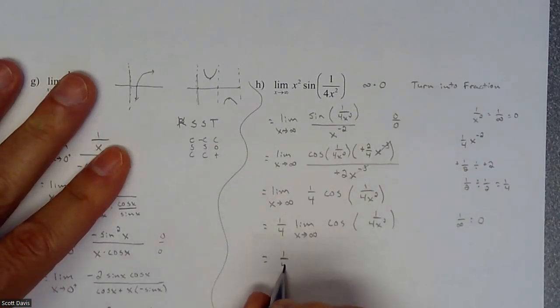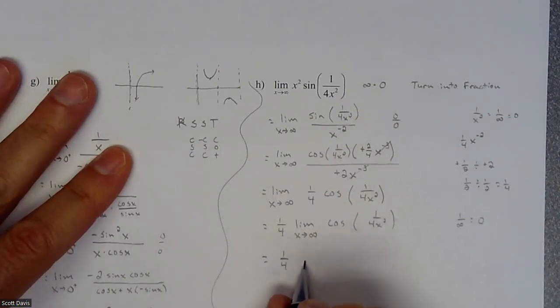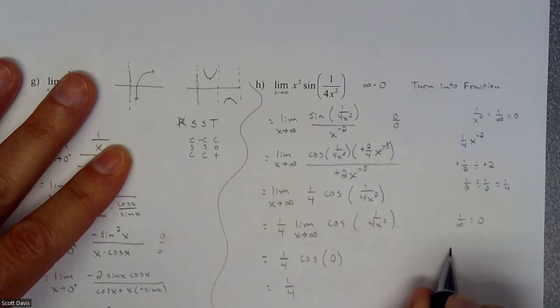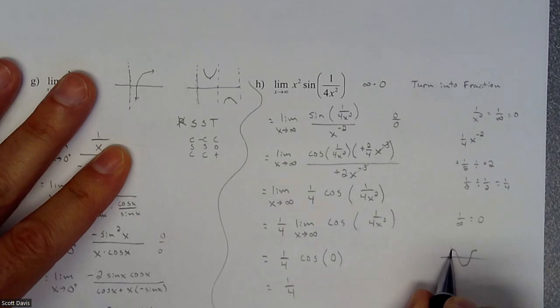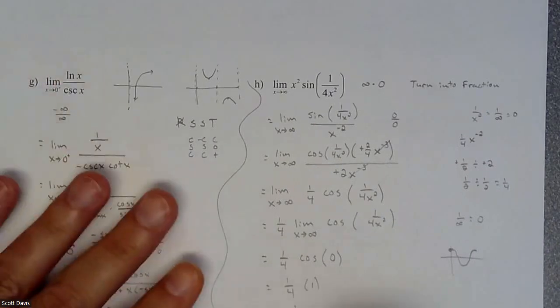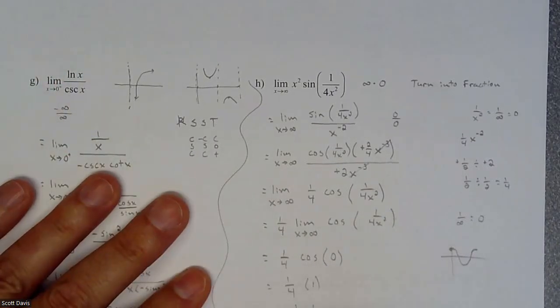So it's 1/4 times cosine of 0, which, remember a cosine graph, cosine of 0 is 1. So 1/4 times 1 makes this whole thing approaching 1/4.